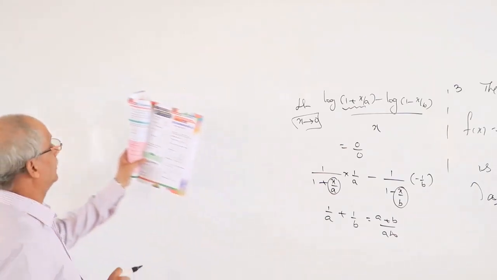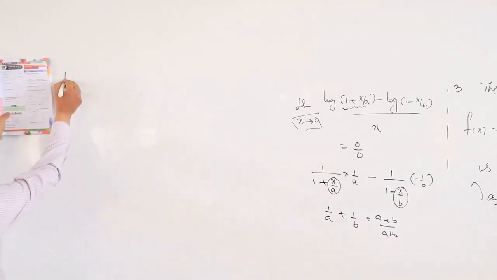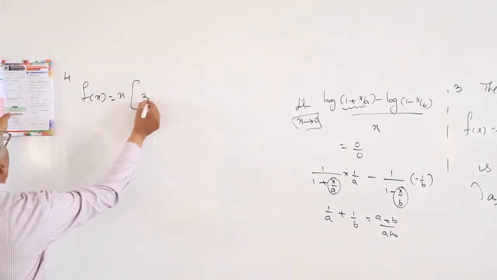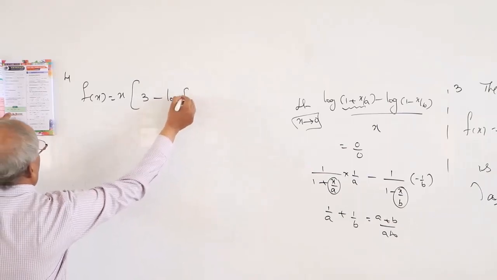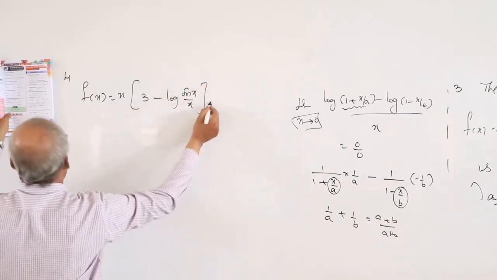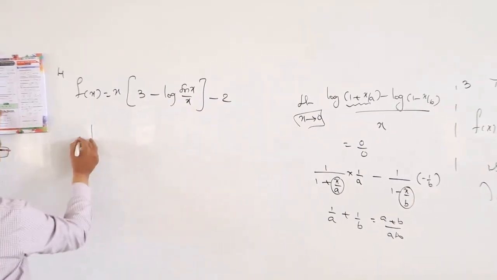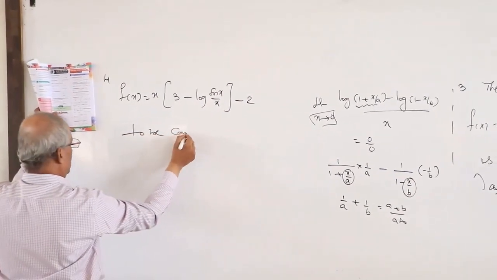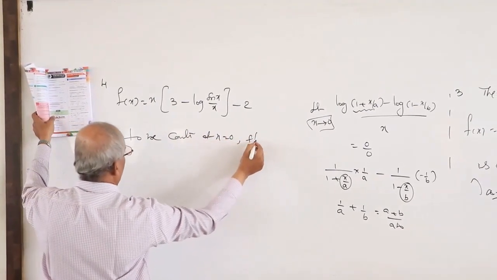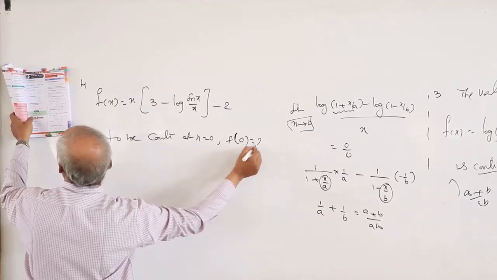Now, see, fourth problem: f of x multiplied by 3 minus log of sin x by x, total minus 2, to be continuous. Given that it is continuous, at x equal to 0, what is f of 0?